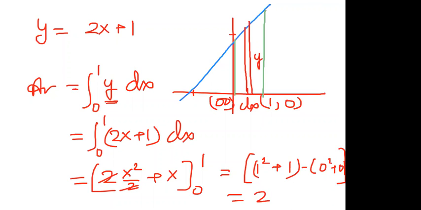So the resultant area will be 2 square units. So this is the area calculation for the given curve.